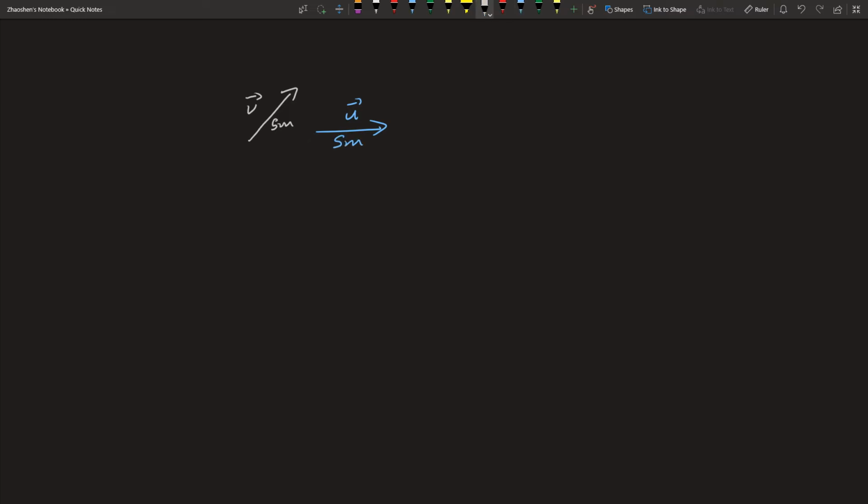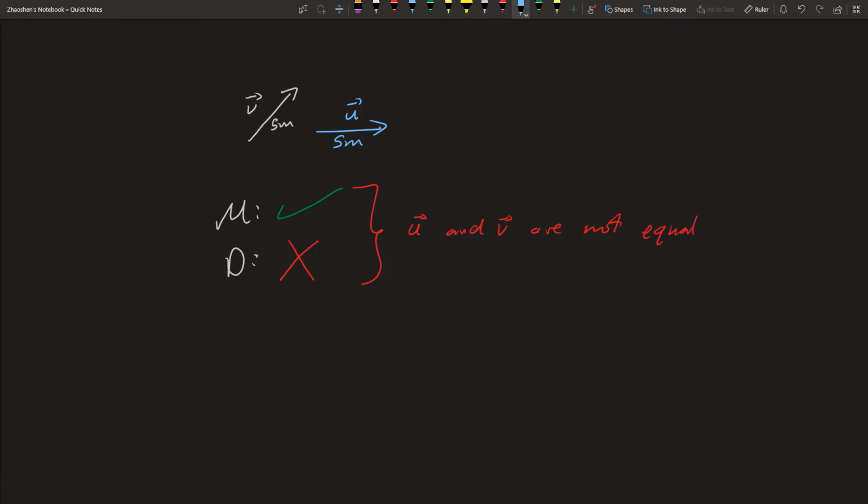Now we know that vectors are represented by magnitude and direction. Their magnitudes are equal, right? So check. Directions are different because they're pointed in different directions. You can see that. So direction no. So this means that u and v are not equal.